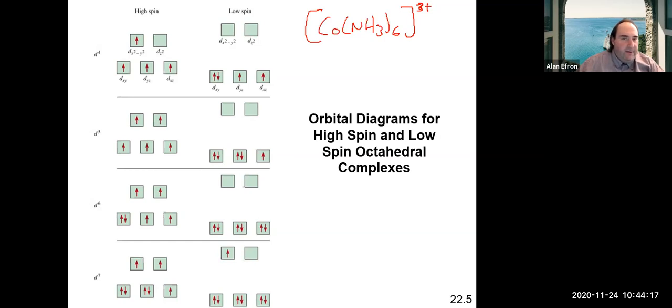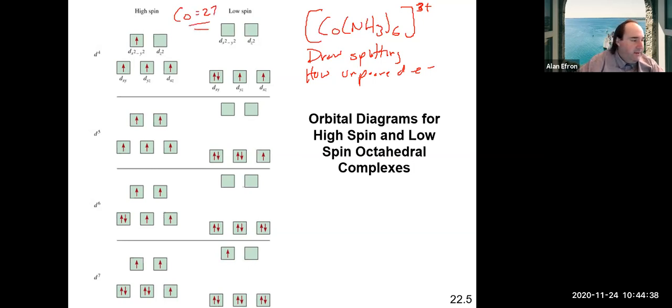Draw the splitting with the arrows and figure out how many unpaired electrons you have. So take a minute or two there and come up with it. Cobalt, by the way, is 27 on the periodic table. All right, take a minute or so and then we'll talk about it.